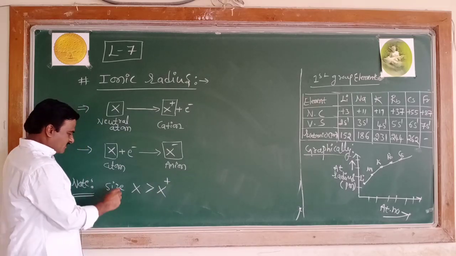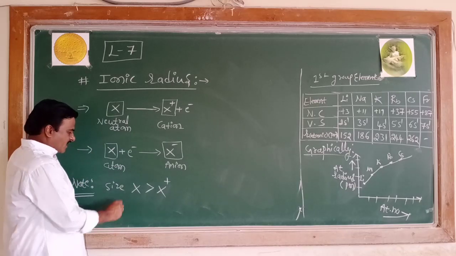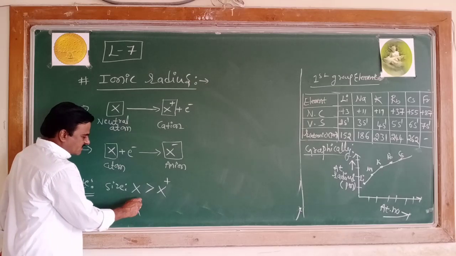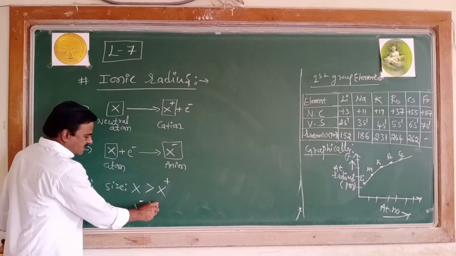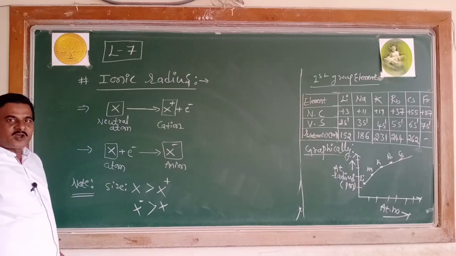Do remember this as a general essential point. Regarding the size of the anion, X minus is larger in size than the atom from which it is formed.